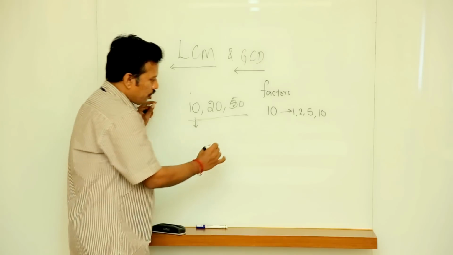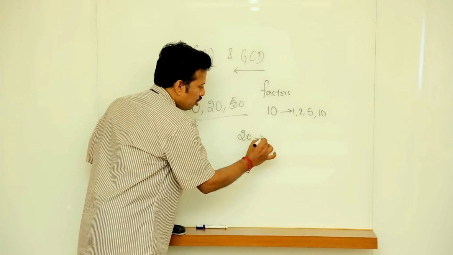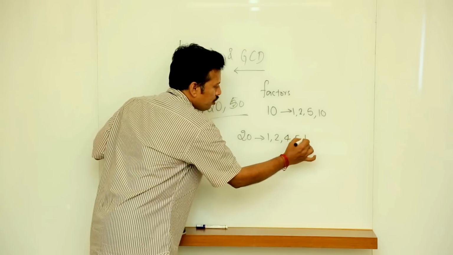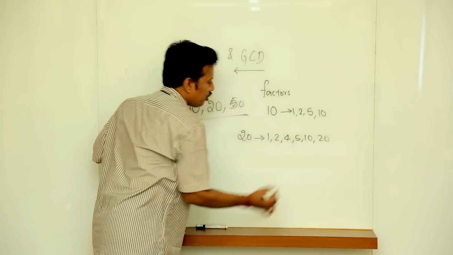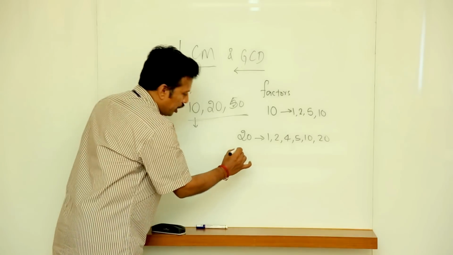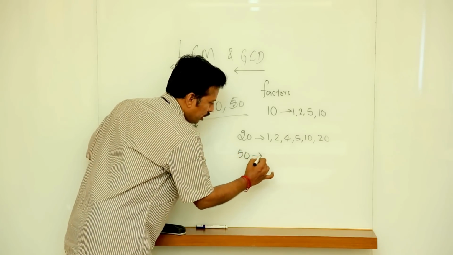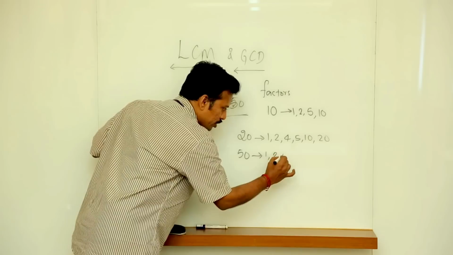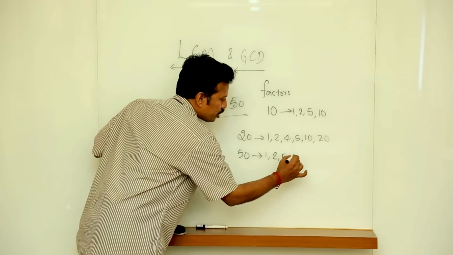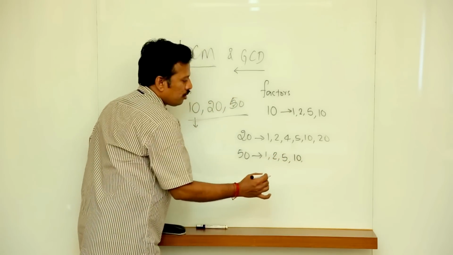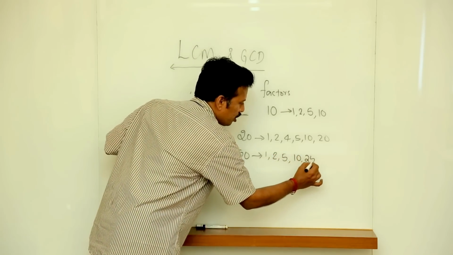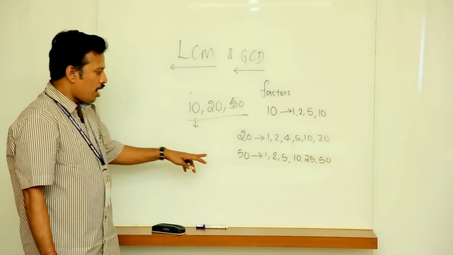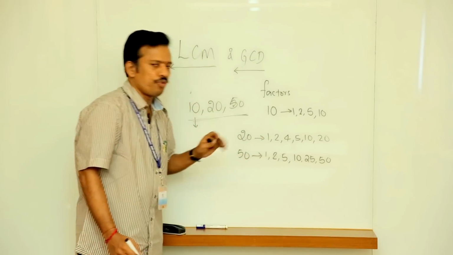Like this, for the number 20, the divisors are 1, 2, 4, 5, 10 and 20. For 50, the divisors are 1, 2, 5, 10, 25 and 50. So, these are the different divisors of 50.